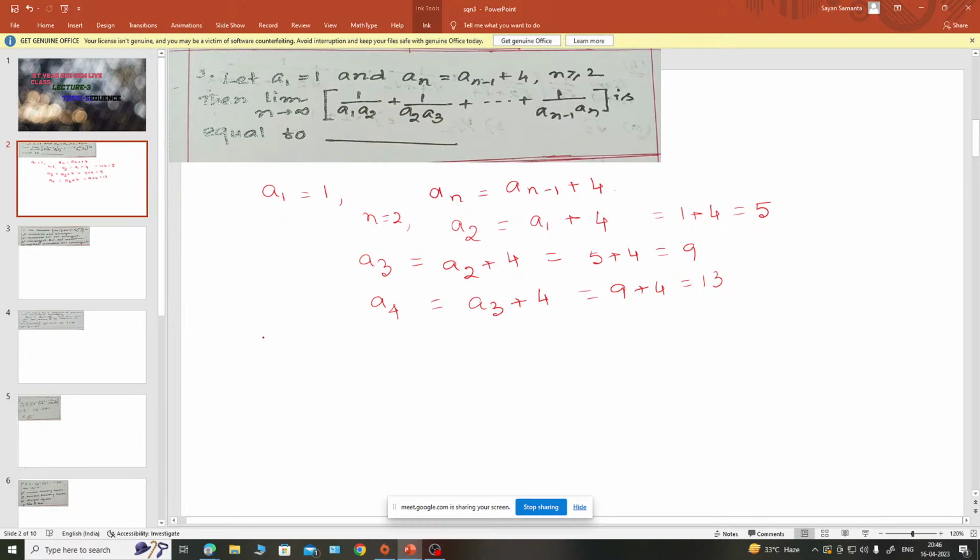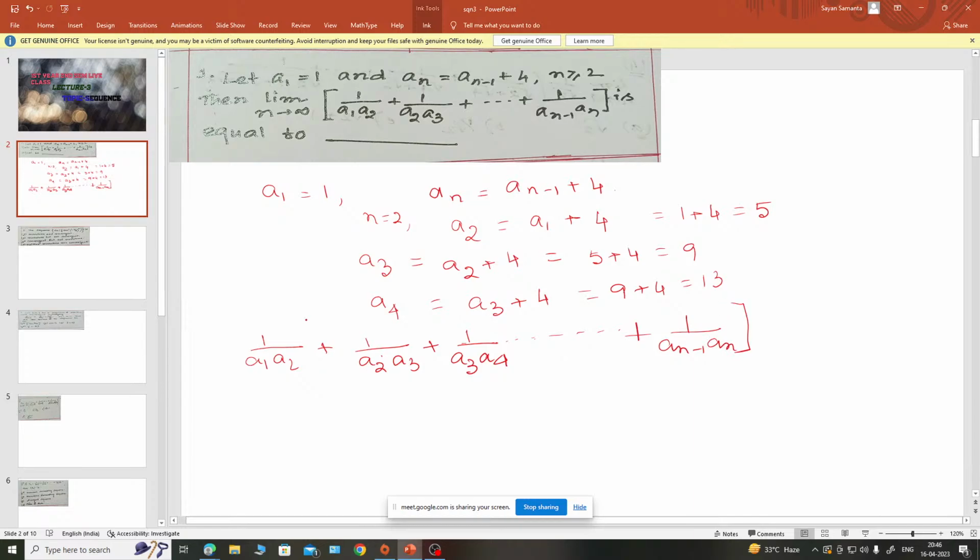Here the given sequence is 1 by a1 a2 plus 1 by a2 a3 plus dot dot, another term is also a3 a4 and so on. Is it clear to everyone?